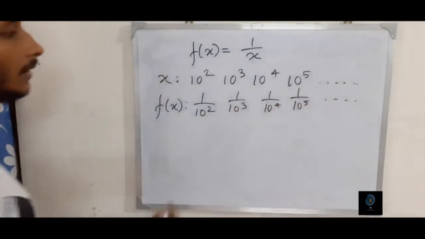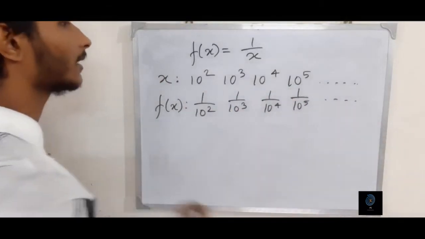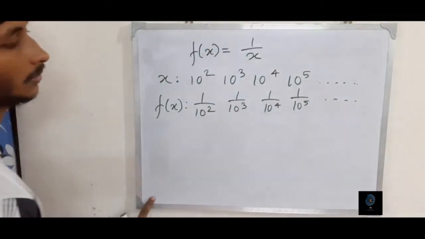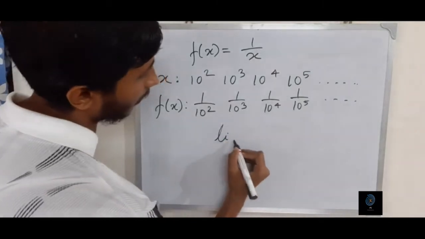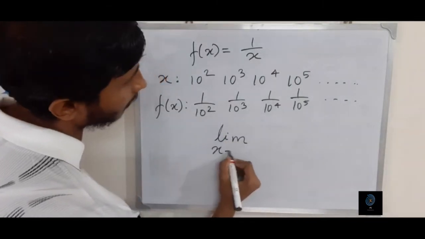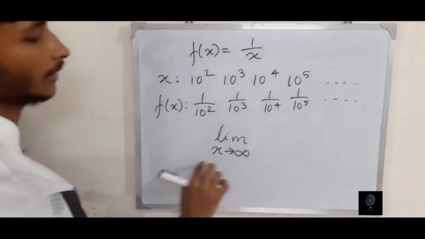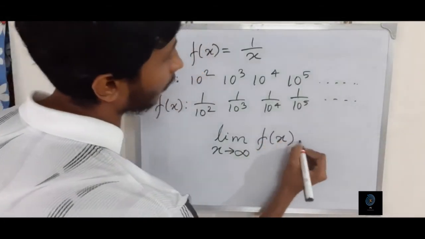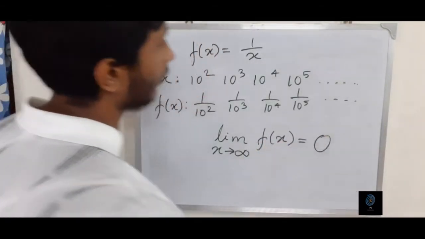That is what we can see. As we increase x indefinitely, the value of f(x) is moving closer and closer towards 0. In this case, we can write that as x approaches infinity, that is, when x increases indefinitely, the value of f(x) approaches 0.